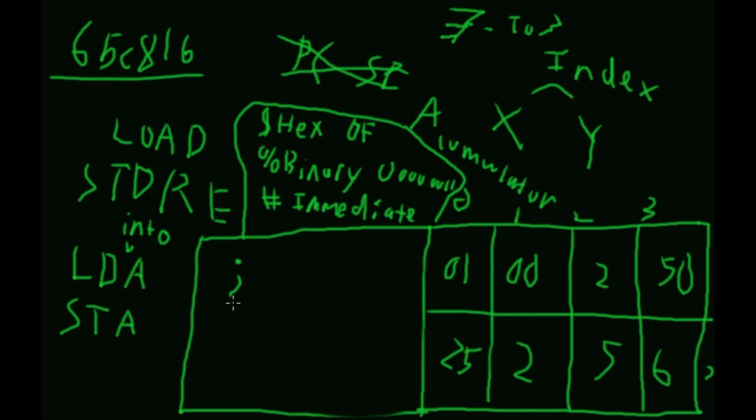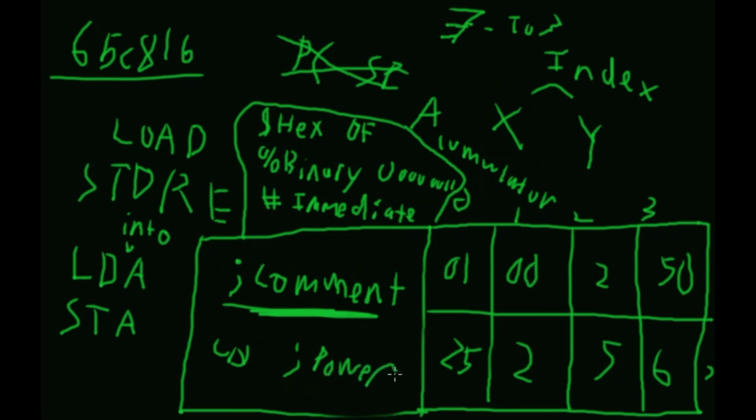The semicolon in an assembler generally means you have a comment, which is good because a lot of times you're not going to remember what your code does. So commenting is a good way to remember what that section of code does. If I had load A blah blah blah, I can comment here that it's loading the power-up status or whatever.